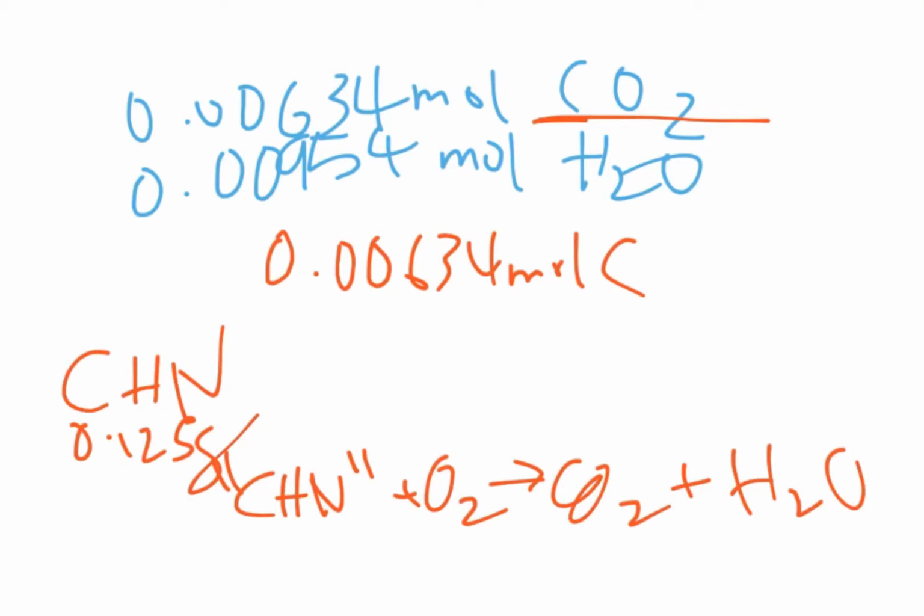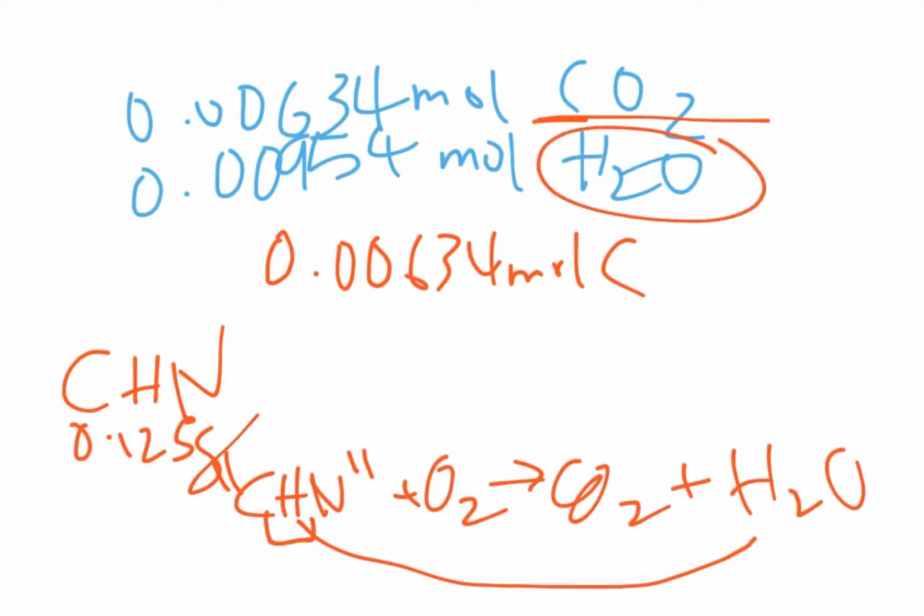And let's find the moles of hydrogen. And we can know this because all the moles of hydrogen in the compound got transferred to the H2O. So we can boldly assume that all the H in H2O once belonged to the H in the CHN compound because of the conservation of mass. So for every 1 mole of H2O, there are 2 moles of hydrogen atoms.